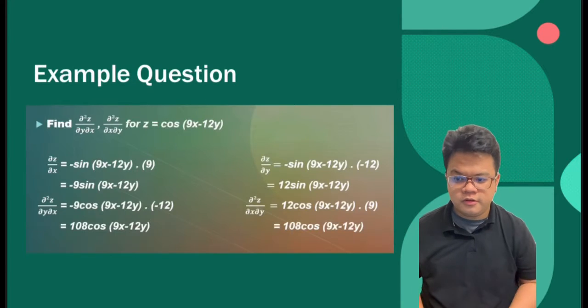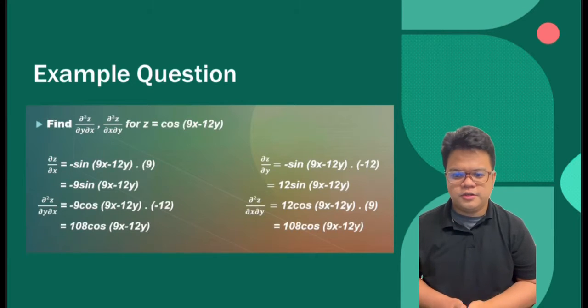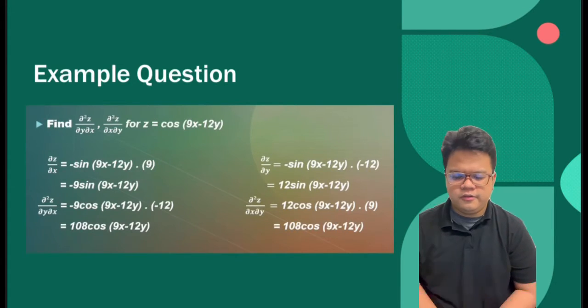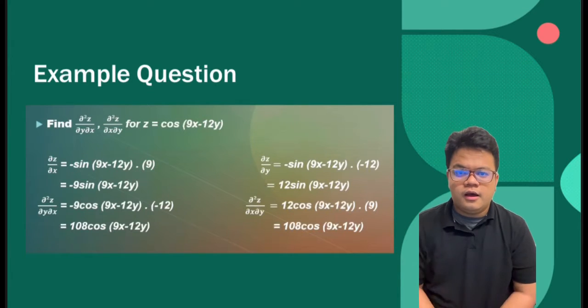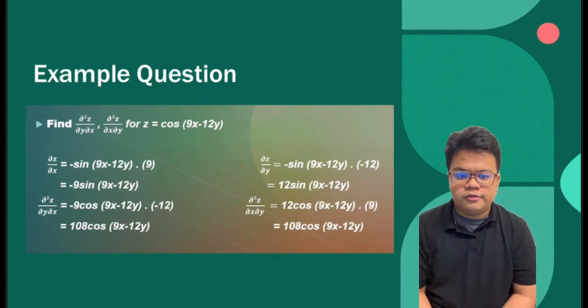Okay, now we're going to use partial differentiation in an example question. The example question is: find partial squared z over partial y partial x, and partial squared z over partial x partial y, for z equal to cos(9x minus 12y).